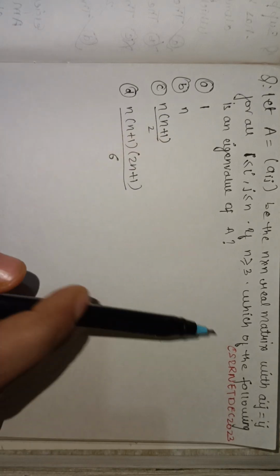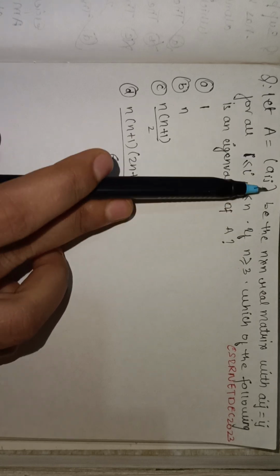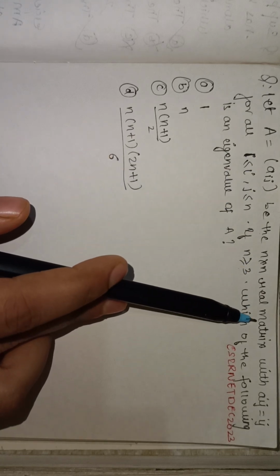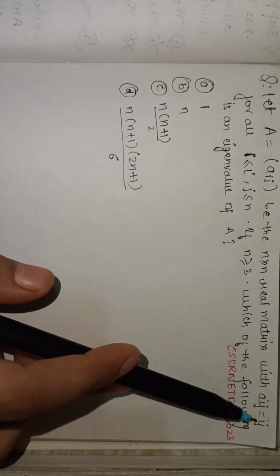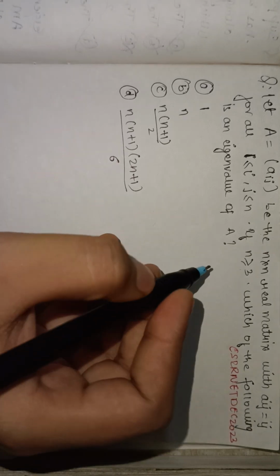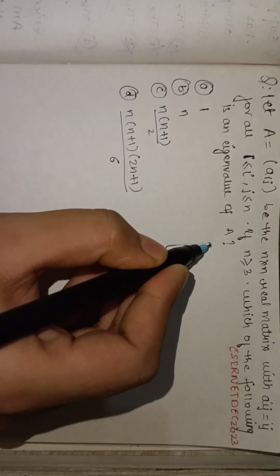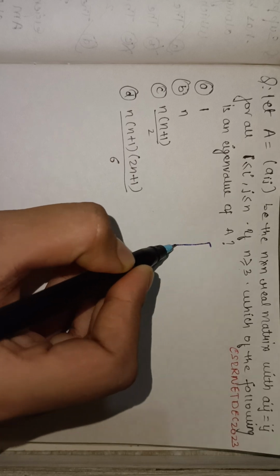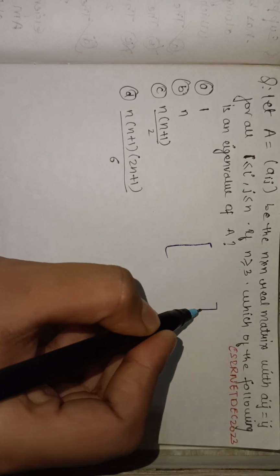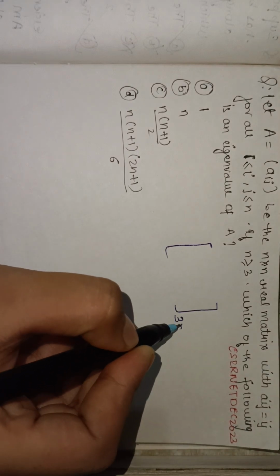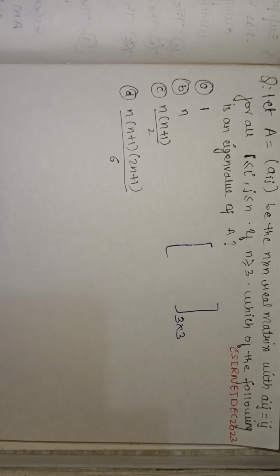So here we have given A, which is an n cross n matrix whose entries are i into j. Here n is greater than or equal to 3, so if we take n equal to 3, we get a 3 cross 3 matrix. How are its entries defined?